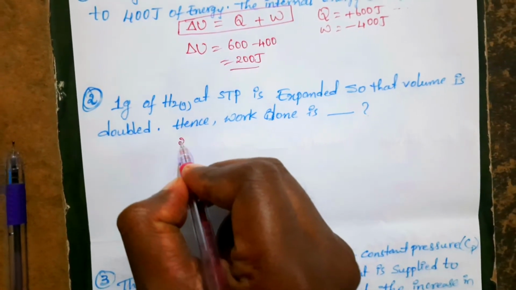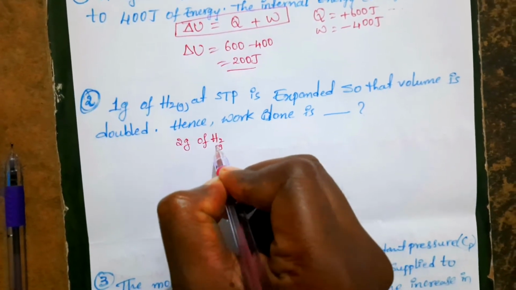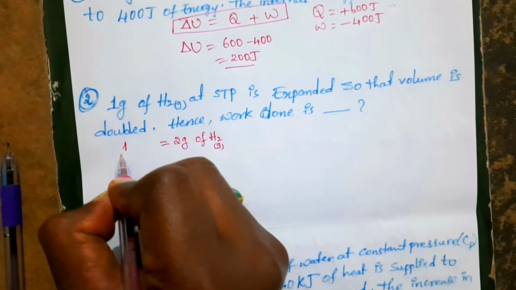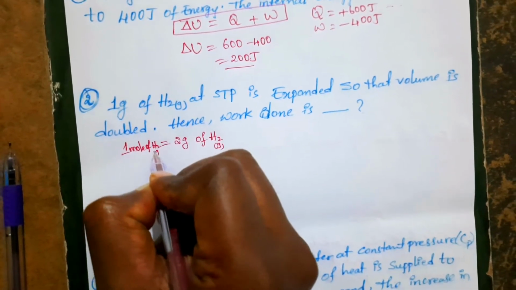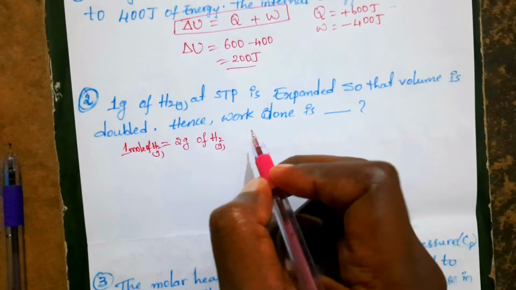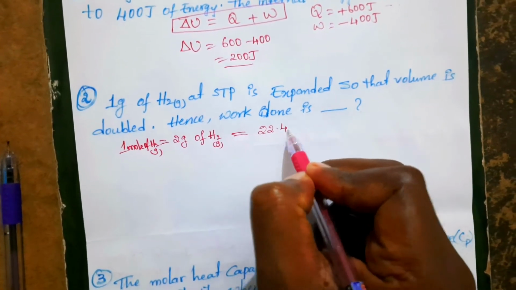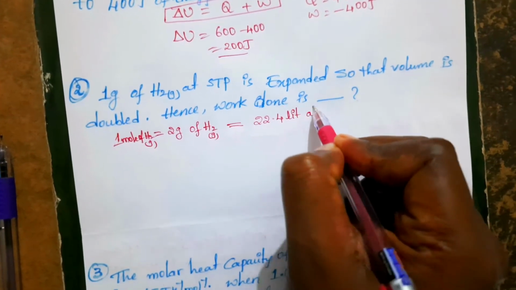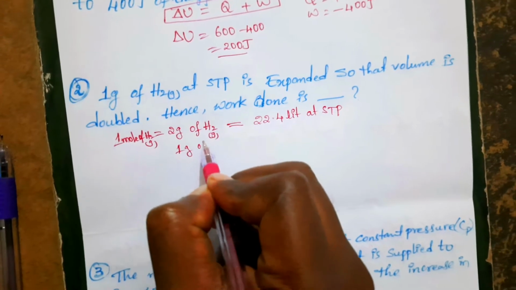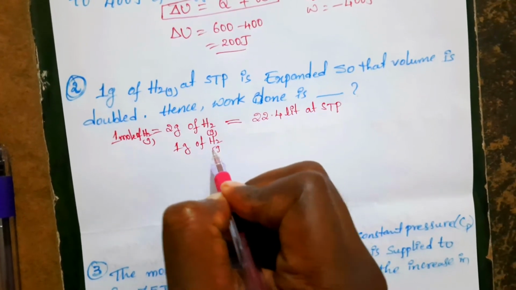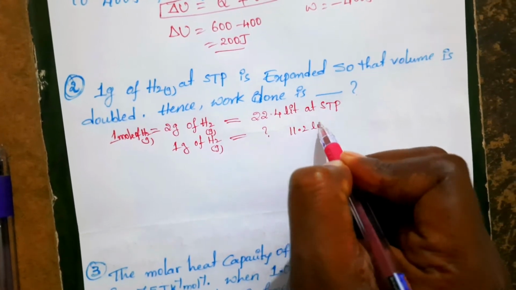We know that 2 grams of hydrogen gas is nothing but 1 mole of H2. 1 mole of hydrogen gas is nothing but 2 grams of hydrogen, which occupies 22.4 liter at STP. But they have taken just 1 gram of hydrogen. Gas will occupy how much volume? That is 11.2 liter you will get.